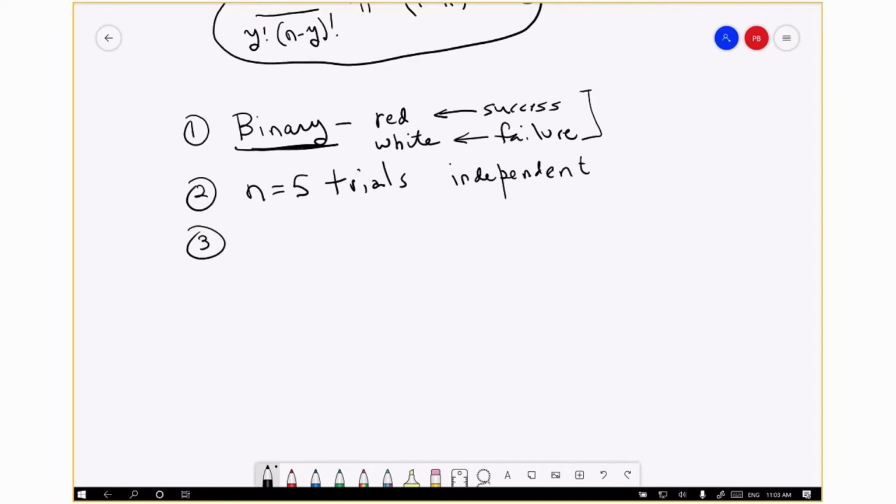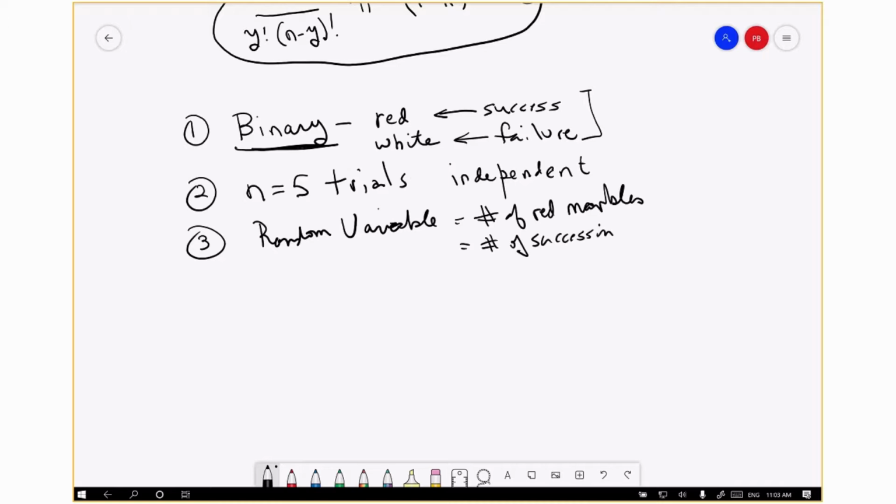Third idea is we've got a random variable, and the random variable is going to be the number of red marbles, which is equal to the number of successes in the 5 trials.